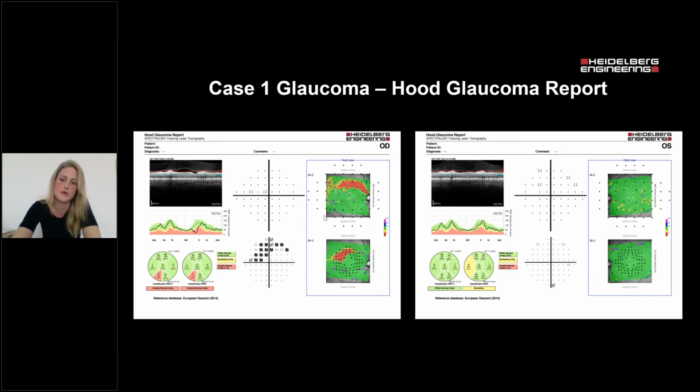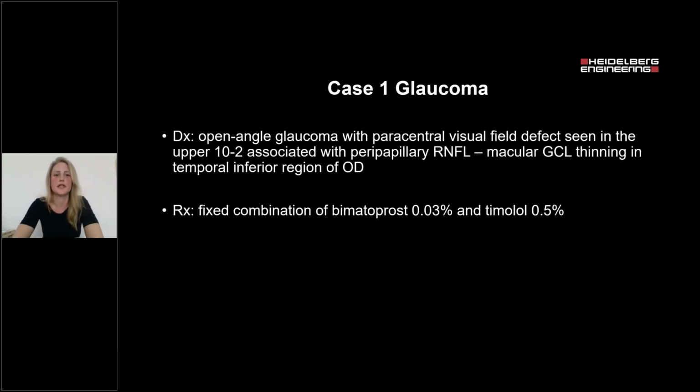The spatial agreement between the 10-2 visual field and the OCT thickness map is really impressive. So the diagnosis is an open angle glaucoma with paracentral visual field defect seen in the upper 10-2, associated with peripapillary retinal nerve fiber layer and macular ganglion cell layer thinning in the temporal inferior region of the right eye.